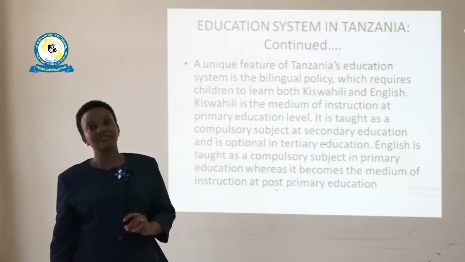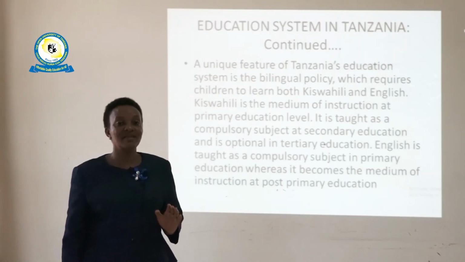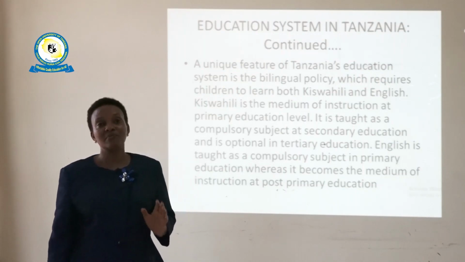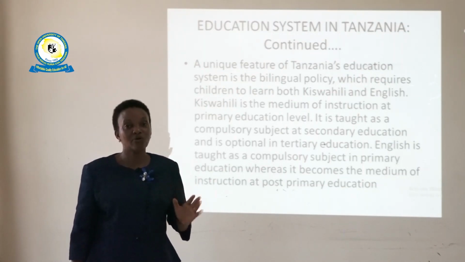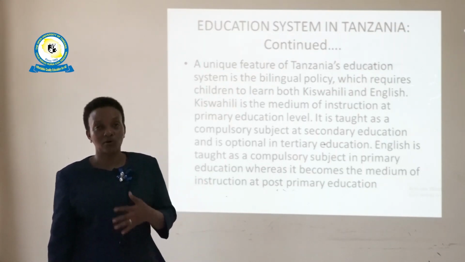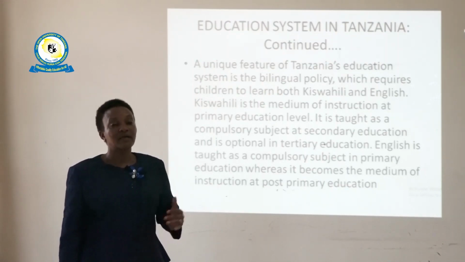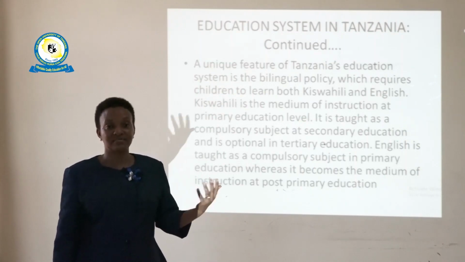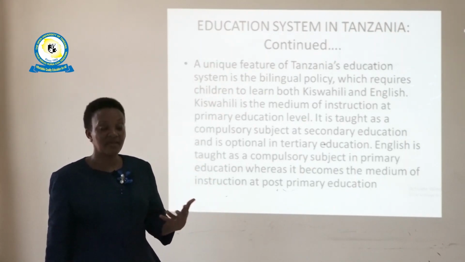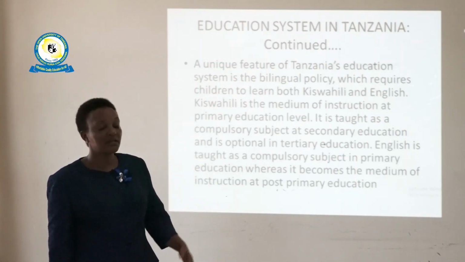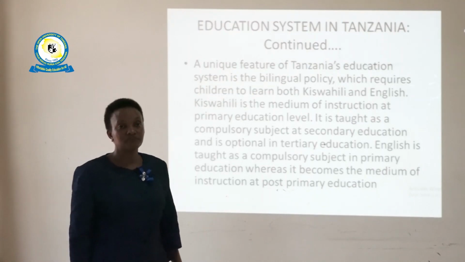In secondary education, English is used as a medium of instruction in both private and public secondary schools. It is also taught as one among the subjects in secondary education.